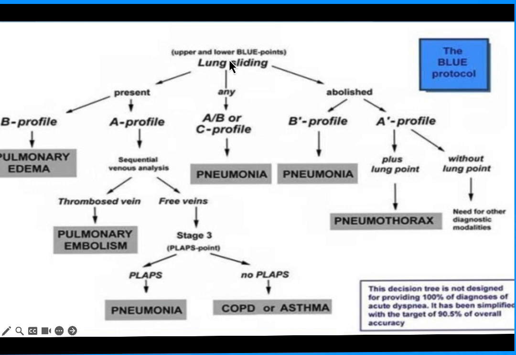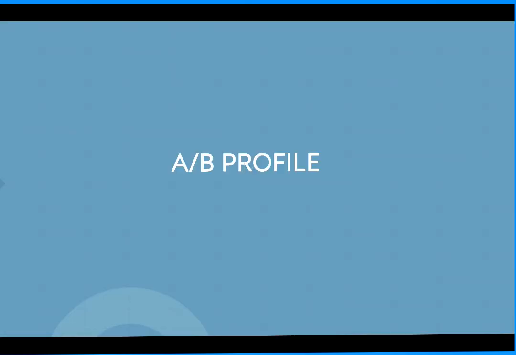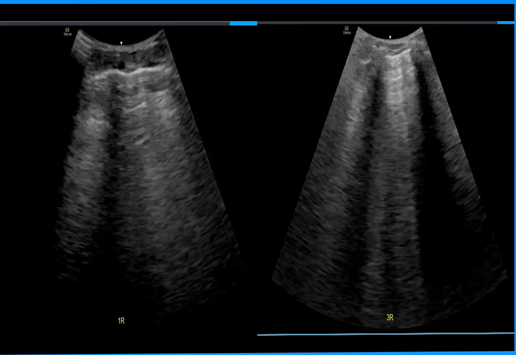Now we've also gone over the PLAPS points being positive, talking about pneumonia, and the PLAPS being negative, talking about COPD or asthma. So we're going to then translate to this portion of our BLUE protocol. Let's go over the A/B profile.